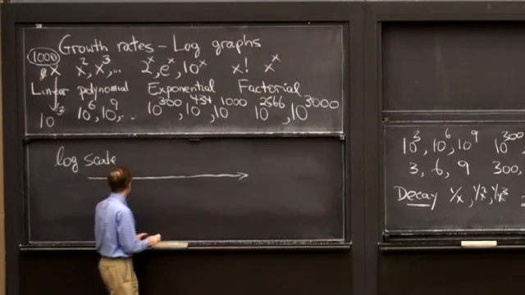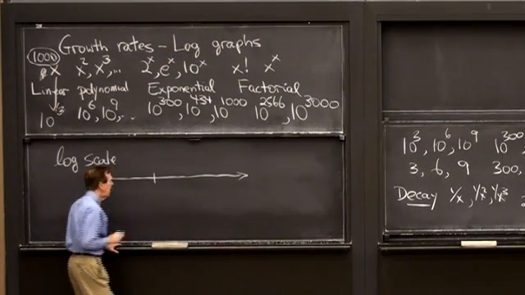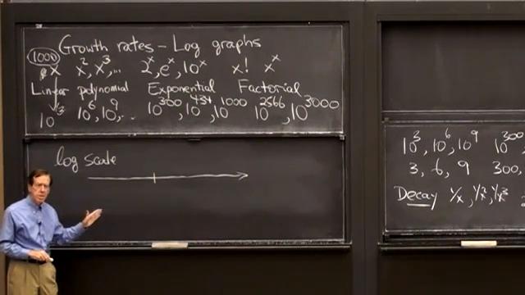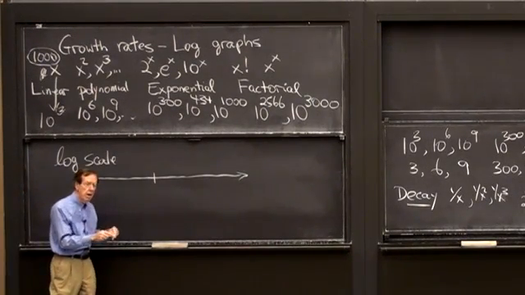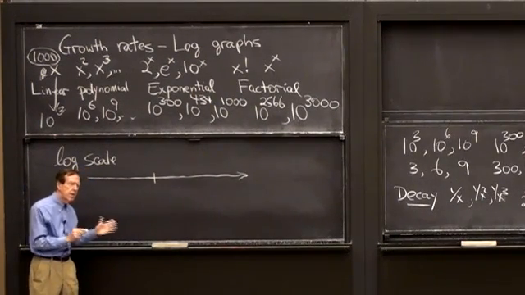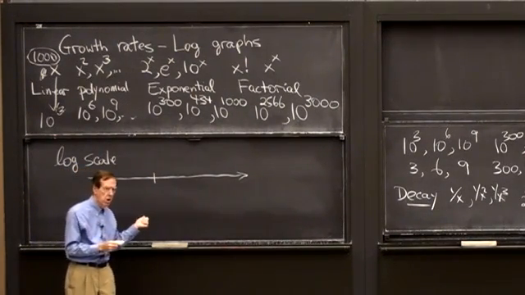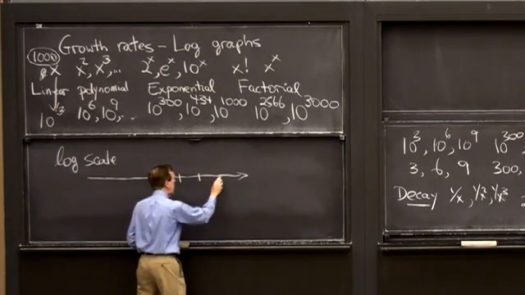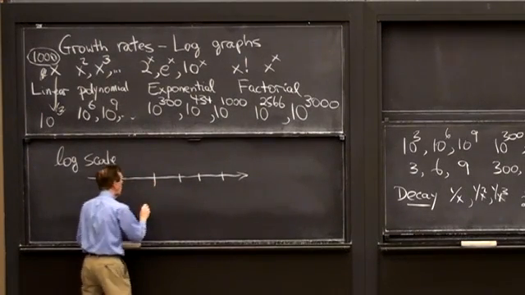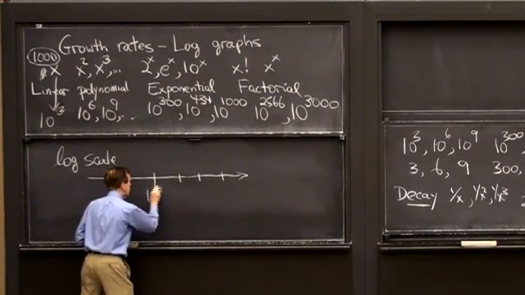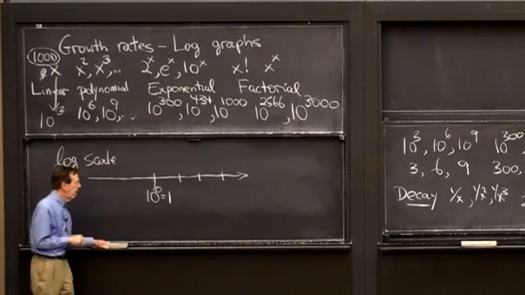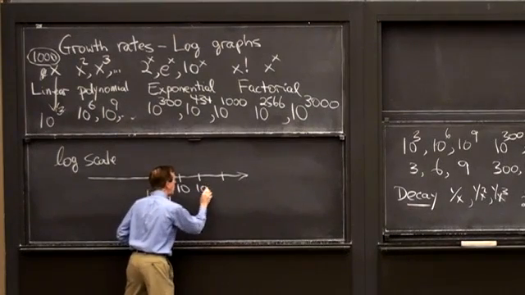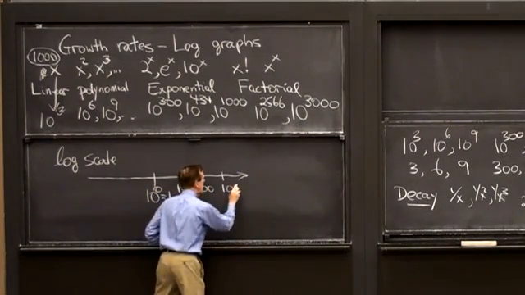But on this log scale, the center point, the 0, is, I'm really graphing the logarithm of x instead of x. That's the point. In this log scale, this number will be 10 to the 0 power, which is 1. The next one will be 10. The next one will be 100. The next one will be 1,000.